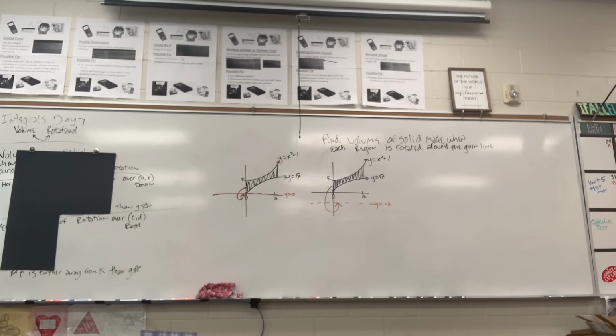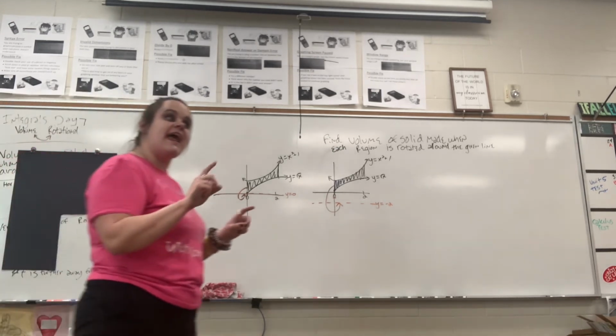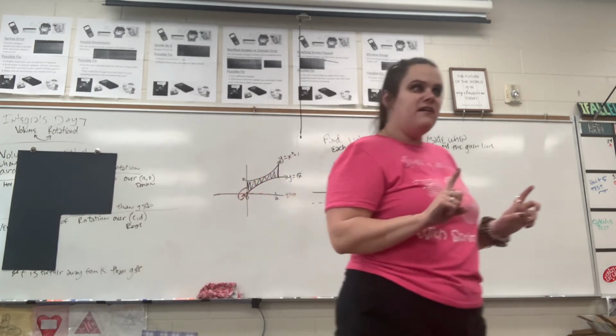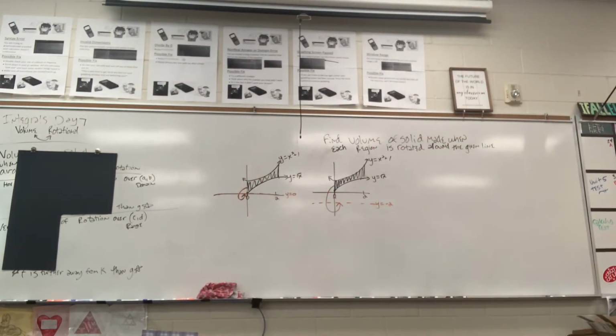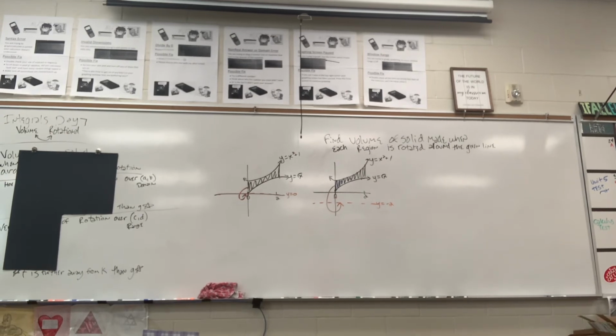So now I want us to combine that with the fact that the easiest way to find volume is to have my axis of rotation at 0, right? And like what Carter was saying, we know that the volume's going to be the same as long as the whole situation is shifted up or down the same amount.